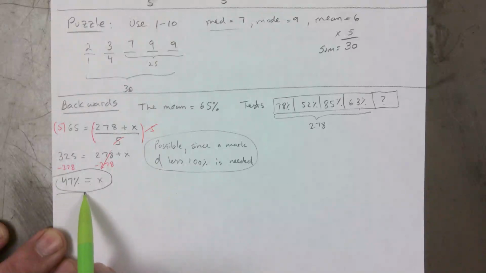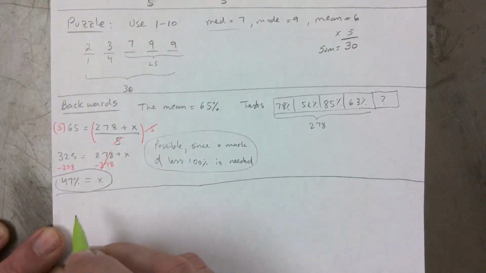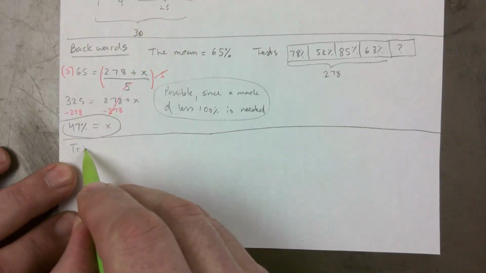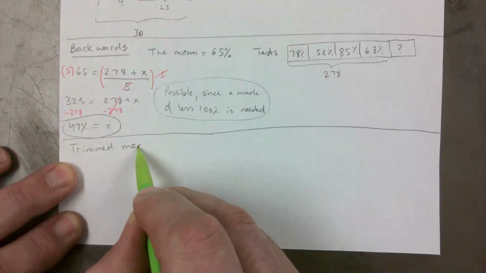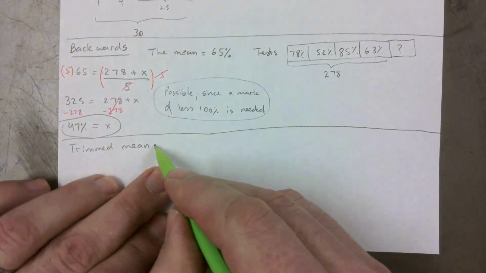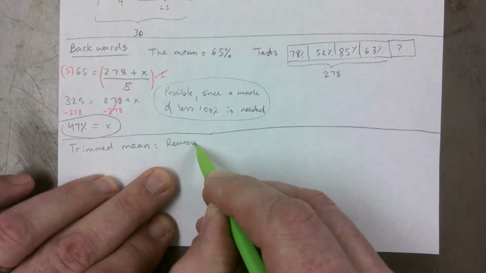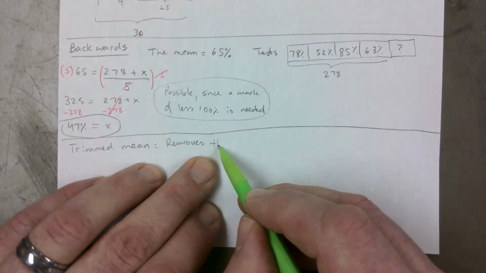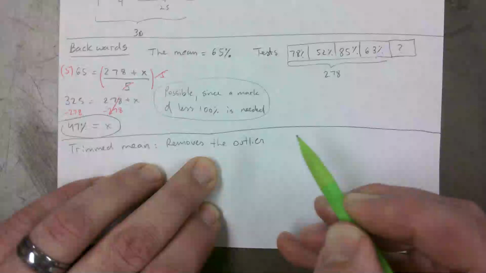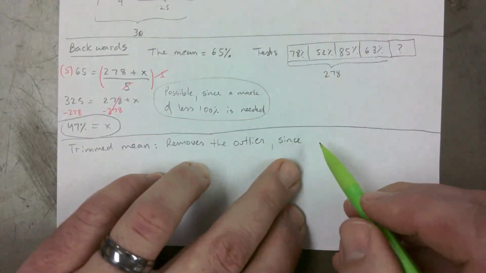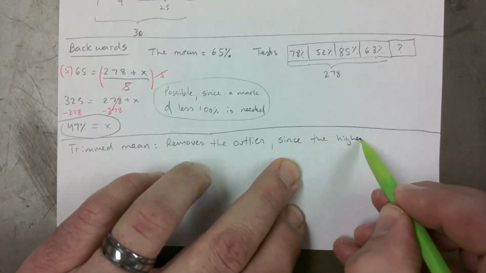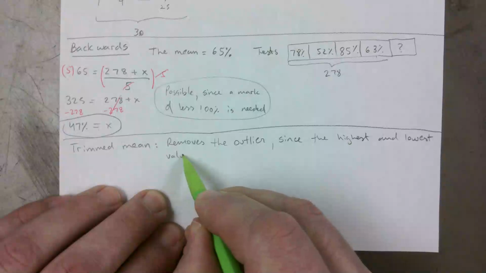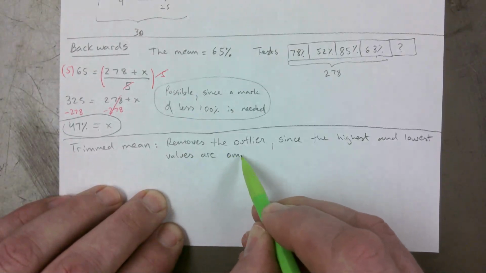The next part is going to be the trimmed mean. You need to know what a trimmed mean scenario is. It removes the outlier, since the highest and lowest values are omitted.